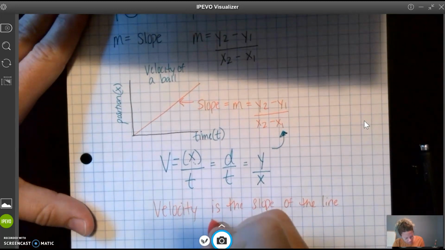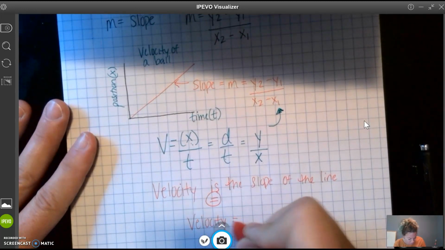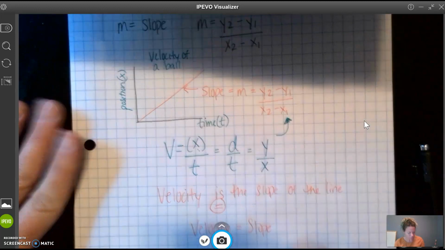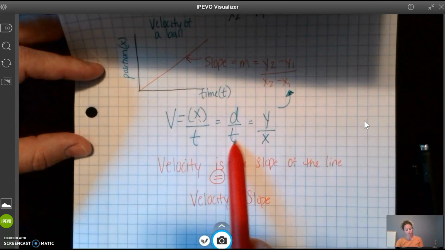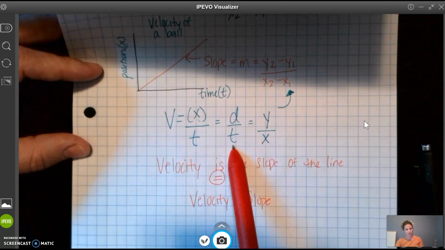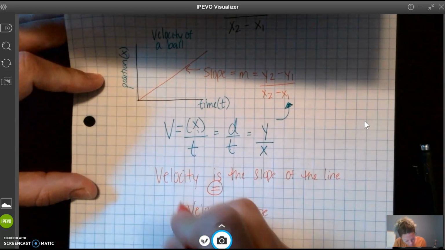Okay, remember, is means equal. So velocity equals slope. And if we take the distance, the displacement, and divide it by the time, or position divided by time, we're going to get the slope.